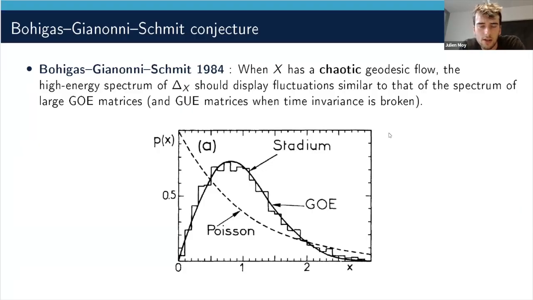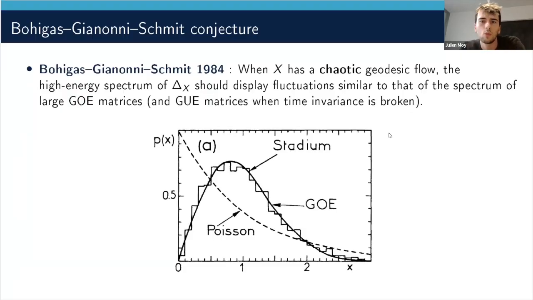These people are physicists, and they're interested in the spectrum of some quantum systems whose classical limit displays some chaotic behavior. The way I am stating their conjecture is not the way it is written in their paper, which was considering general dynamical systems.